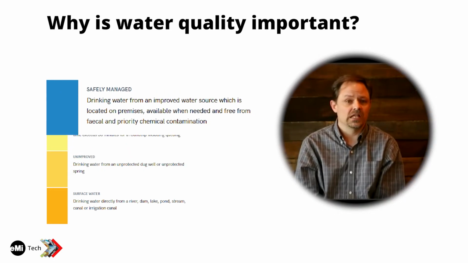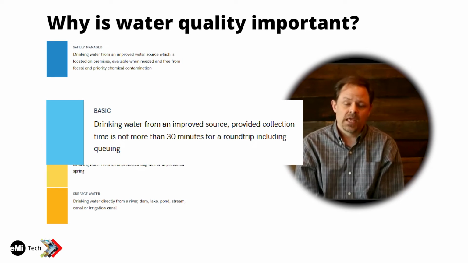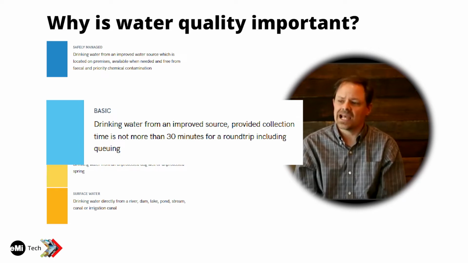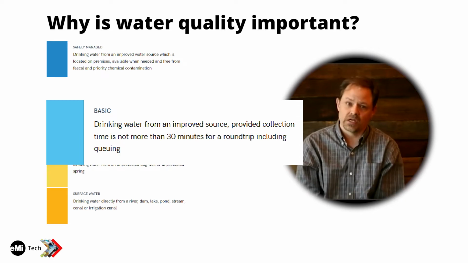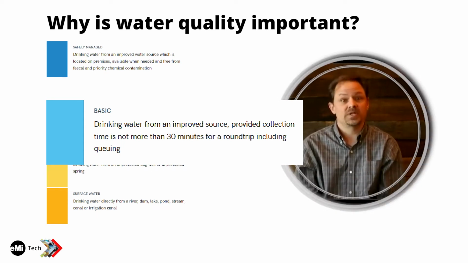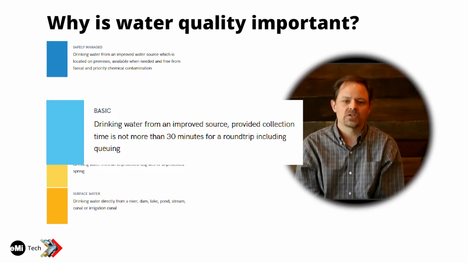Down a notch is the level that they call basic. And to be in that category, the water supply is an improved source, which means it has the potential to be safe. It doesn't necessarily deliver safe water, but it has the potential to do so. And it also has to be within 30 minutes round trip, including wait times.